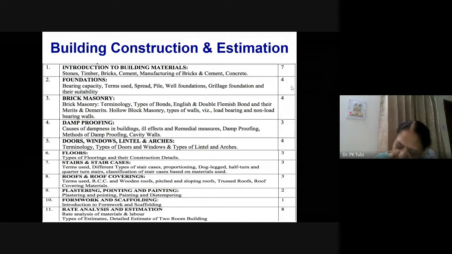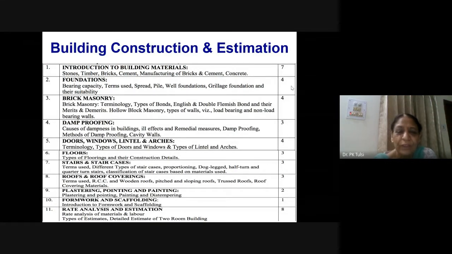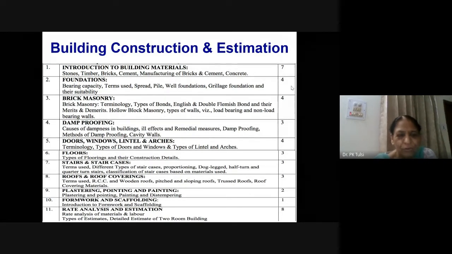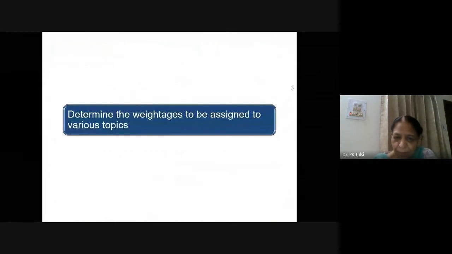And once you have a list of learning outcomes, you can put a tick mark on which particular learning outcome you would like to assess in this particular class test, then class test 2, and so forth, right? So you have to prioritize depending upon the importance of those concepts, principles, theories, models which you have dealt with in the topic, that what is it that you would like to assess in this particular test paper.